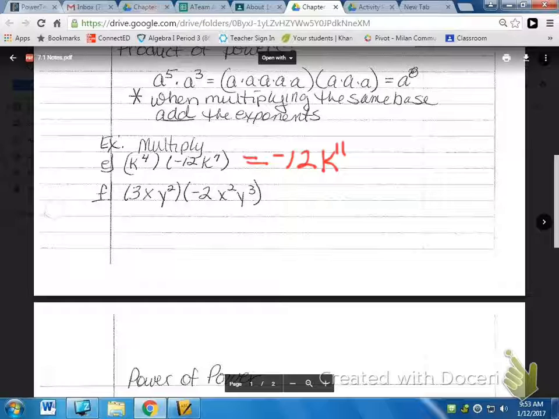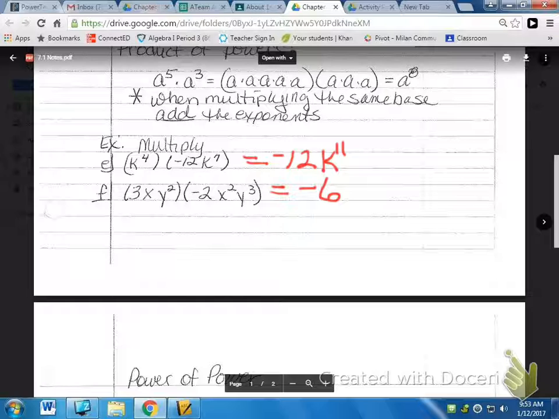All right, example F. 3xy squared times negative 2x squared y cubed. So you start with the coefficients in front. They're not the same base, so you'd have to take 3 times negative 2, negative 6, and then you start with the same bases. So I've got an x in the first monomial and an x squared in the second. What would that be when I multiply those together?